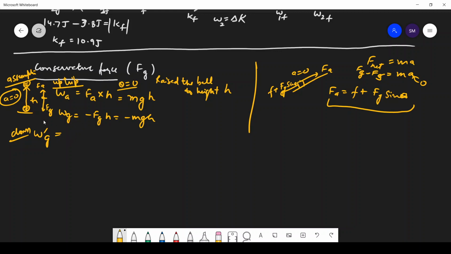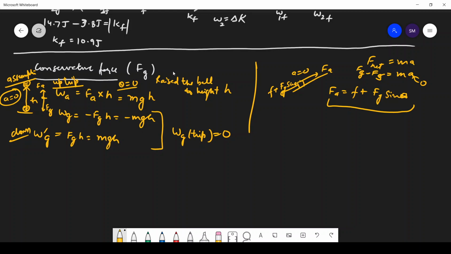Fg is downward and you are coming down by the distance. So that's Fg into h, and that is equal to mgh. And this will cancel out. And the work done by the gravitational force for the whole trip is equal to 0.